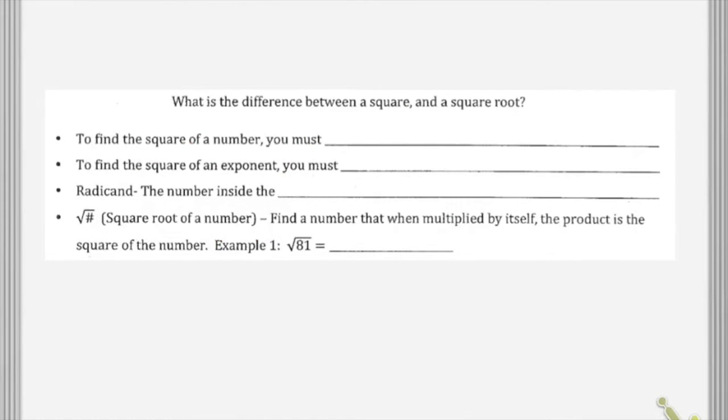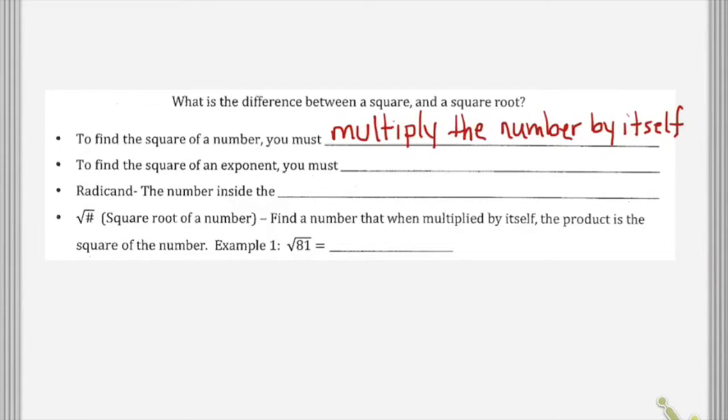So we'll move on to some vocabulary. To find the square of a number, you must multiply the number by itself. To find the square of an exponent, you need to double the exponent.